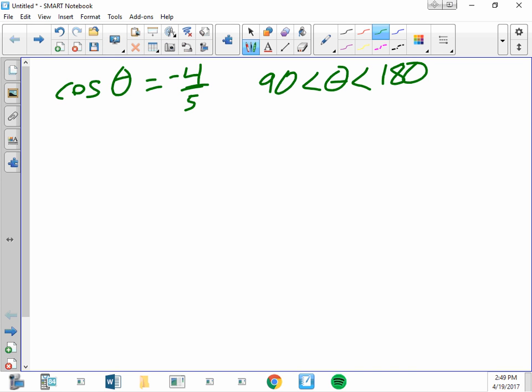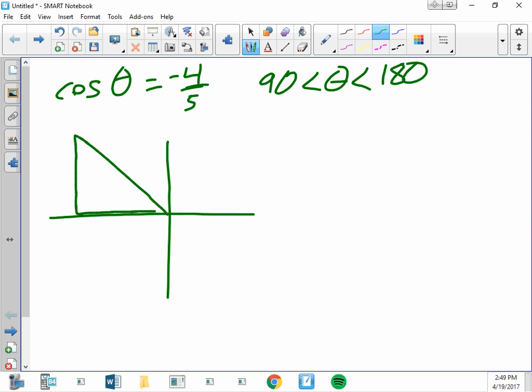So the angle we have is in quadrant 2. So we're over here somewhere, and cosine is A over H. So what should we label? 5 is the hypotenuse, and this is negative 4. Yes, the hypotenuse is always positive.